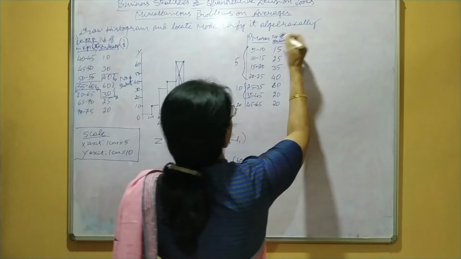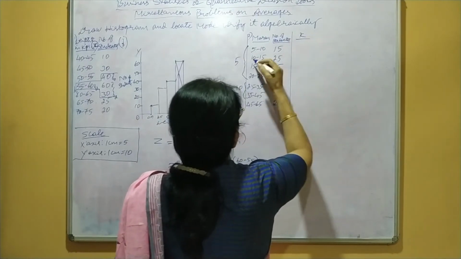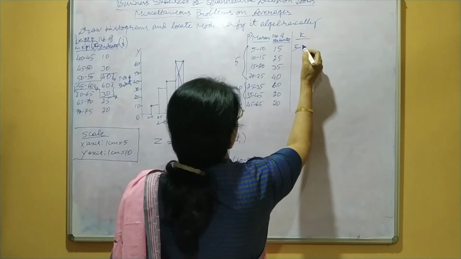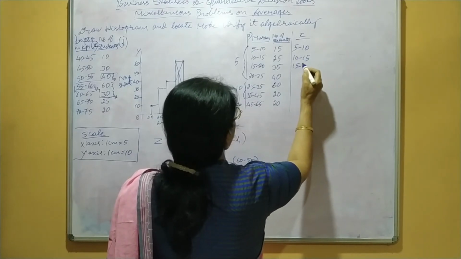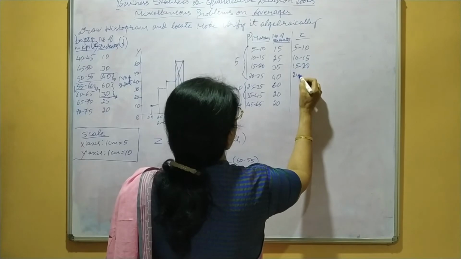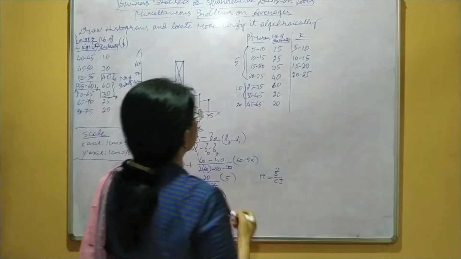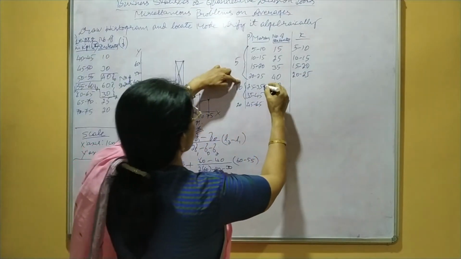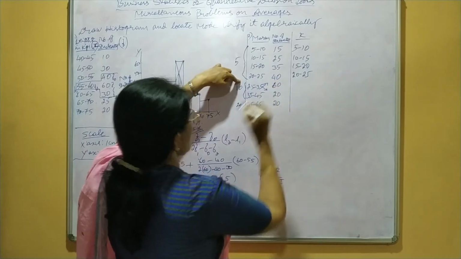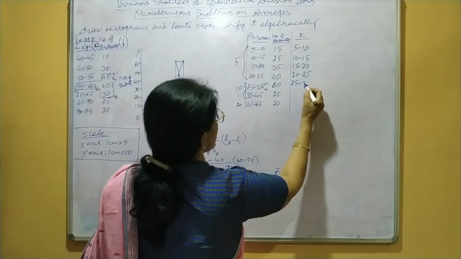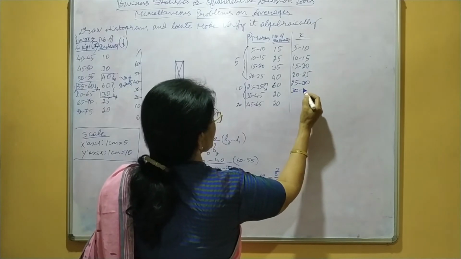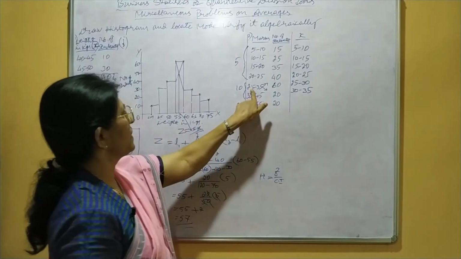Therefore, here take marks as x. How do we regularize? 5 to 10, 10 to 15, 15 to 20, 20 to 25. Now, this is to be split into two classes, that is 25 to 30 and 30 to 35, isn't it?